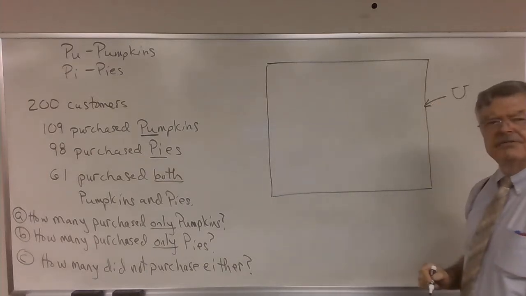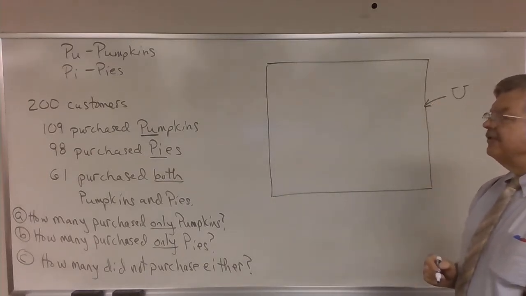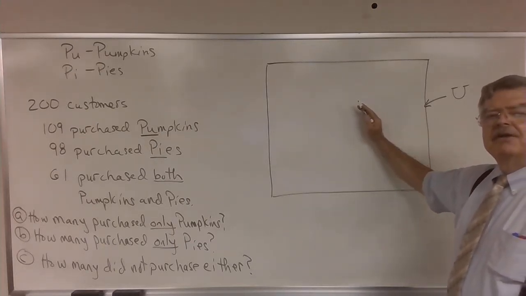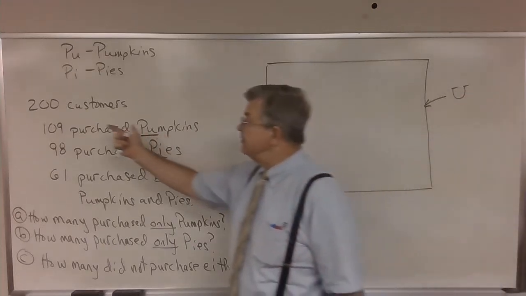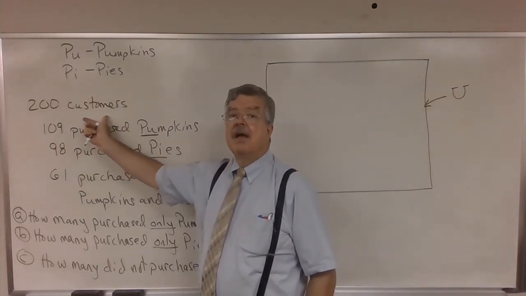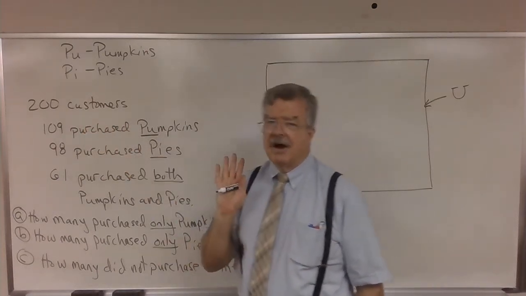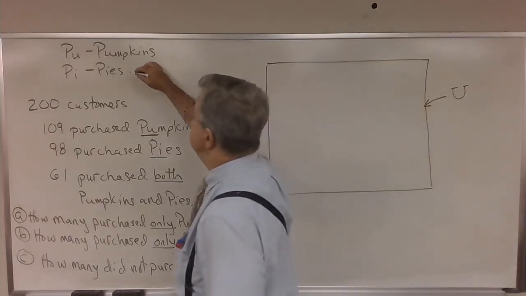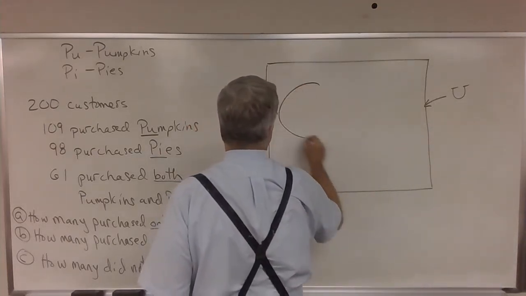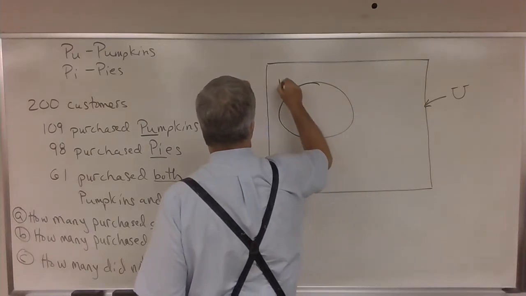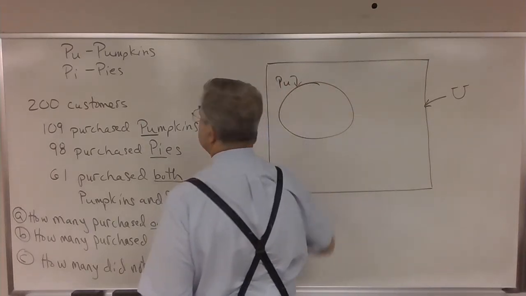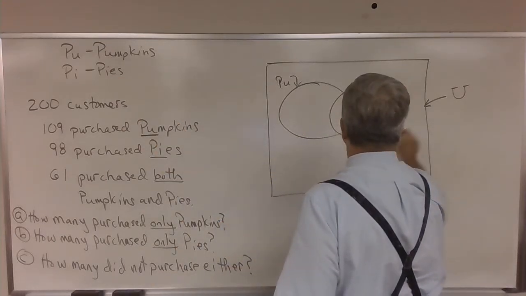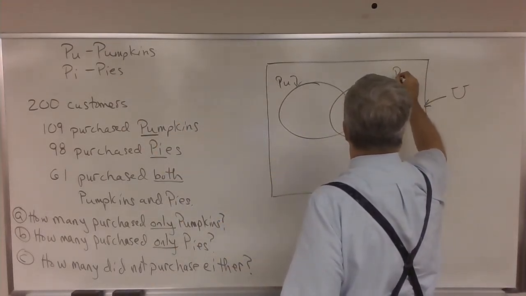Here's our universe. And just so that we'll know, all of the people in our universe consist of these 200 customers. Our 200 customers are our universe. Some people bought pumpkins, and we'll have that be a PU circle. Some bought pies. We'll have that be a PI circle.